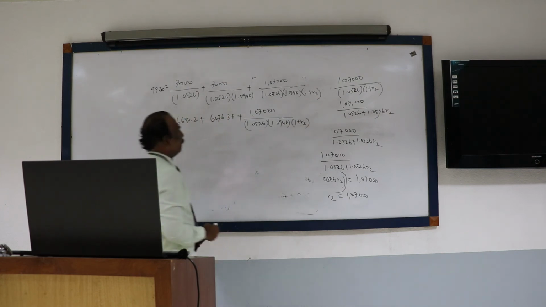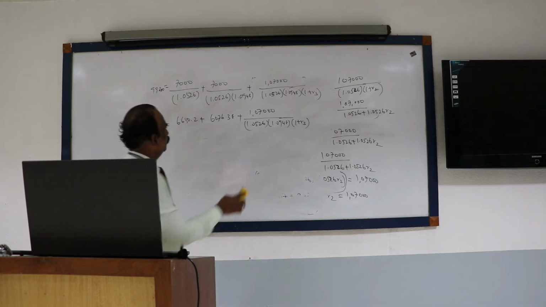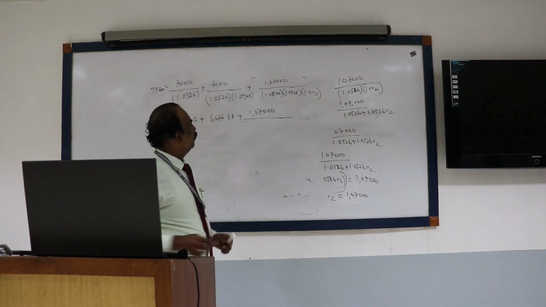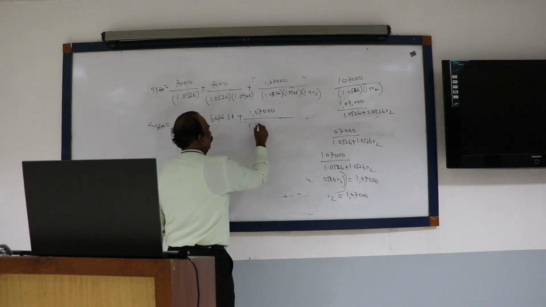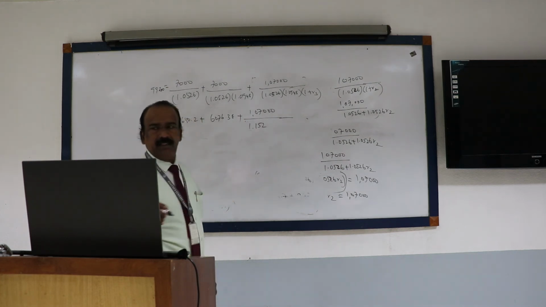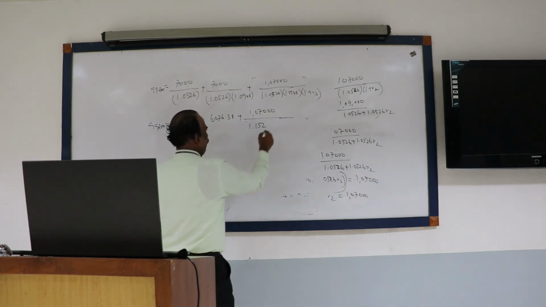So this 1.0526 and 1.0948 we can multiply. Multiplying gives 1.152. So 1.152 plus 1.152 R3. That we can open the bracket also, right?